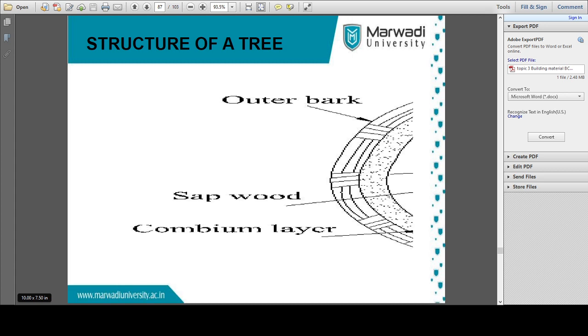We will continue from this diagram next time. Or else you can simply search in Google for the cross section, and then you can have the cross section diagram.